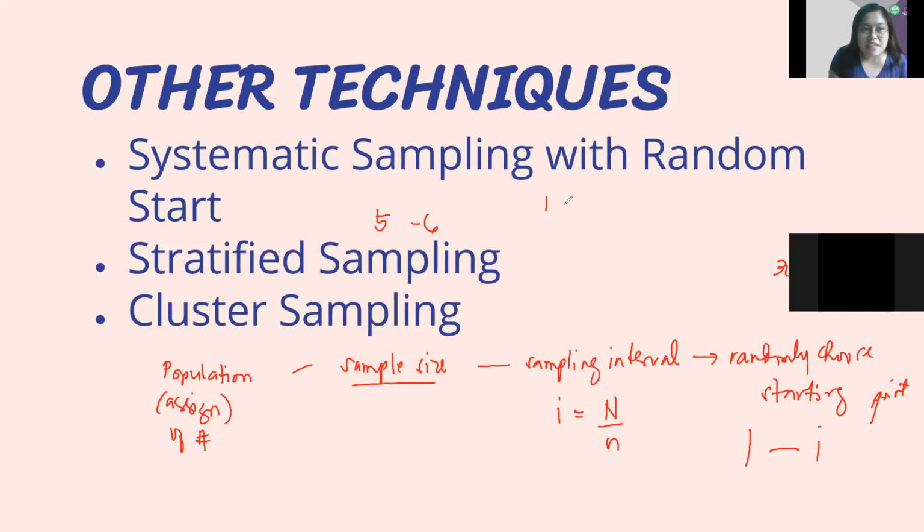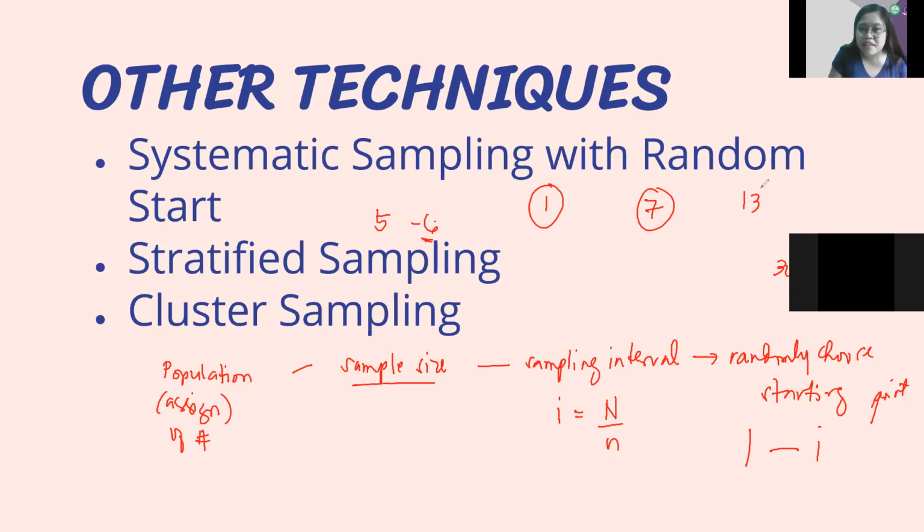So ang gipili niya na starting point is 1. Randomly ha, ikaw bahala saan ka mag-start. Pwede ka mag-start sa 2, sa 3, sa 4, sa 5, or sa 6. But yung na-example lang kanina, 1 siya nag-start. I-add mo lang yan siya class with the sampling interval. So 1 plus 6 is 7. That will be the next na mapili mo na ma-include sa population mo.